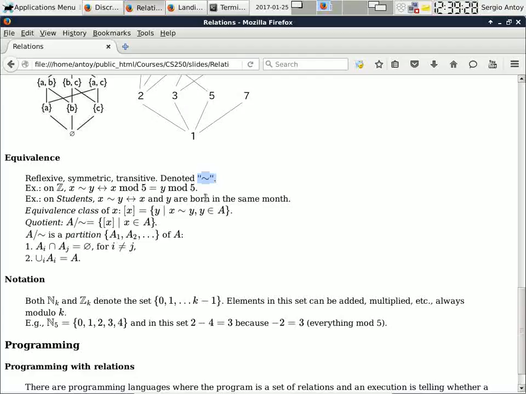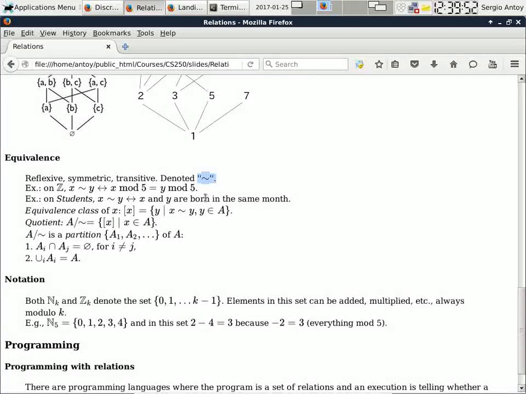So, for example, talking about the students in this class, suppose that when we look at hair color, we say there is dark, blonde, or red. Is having the same color of hair, with only these three choices, an equivalence?